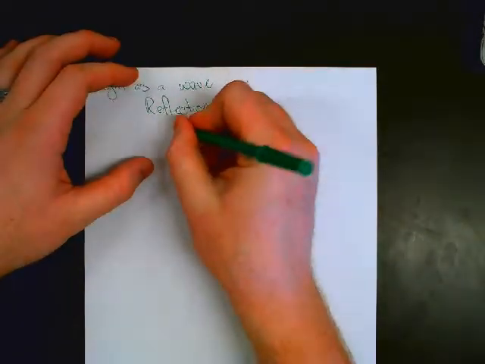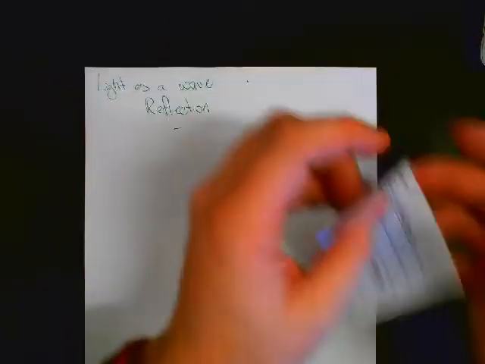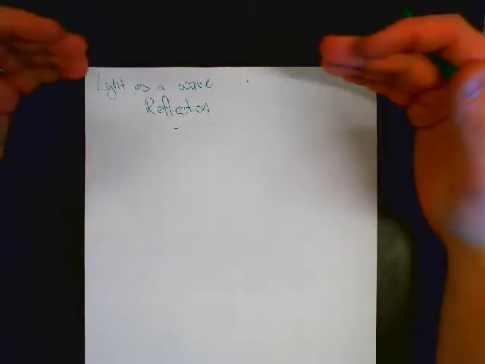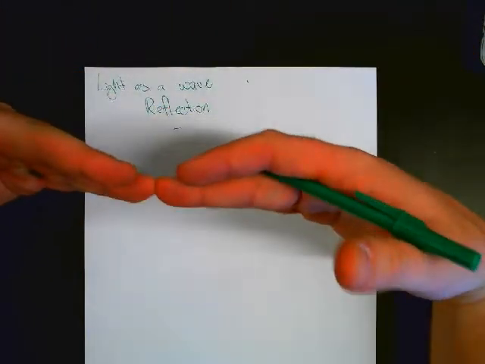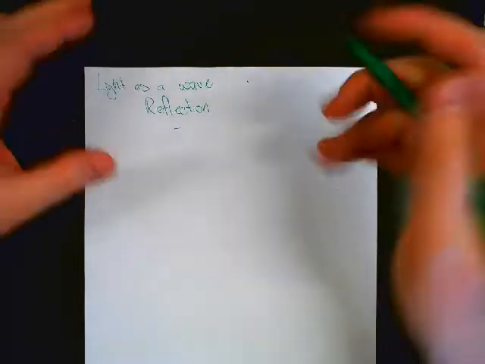So I'm just going to indicate that reflection is the bouncing of a wave off of a different medium. So when a boundary between two mediums is reached, a wave can bounce off of one and back into the original.